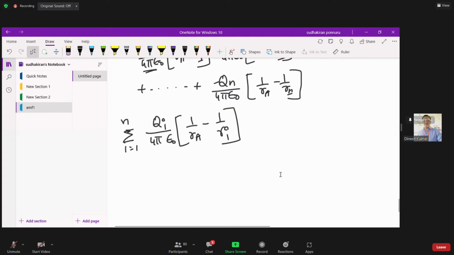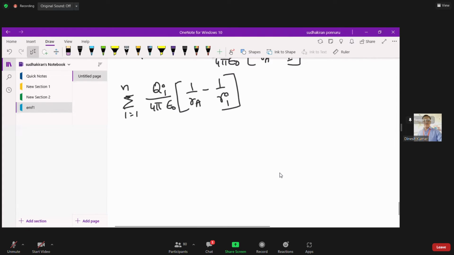Therefore, what is the value of the electric potential at location A?